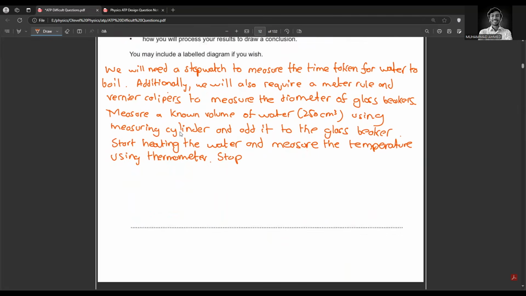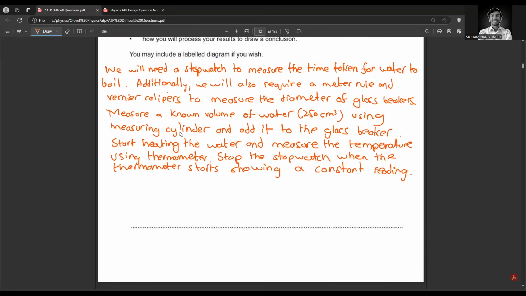Stop the stopwatch when the thermometer shows a constant reading.